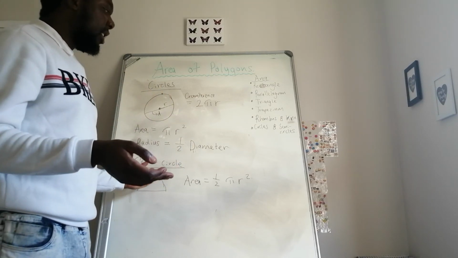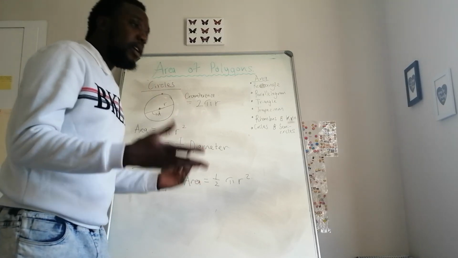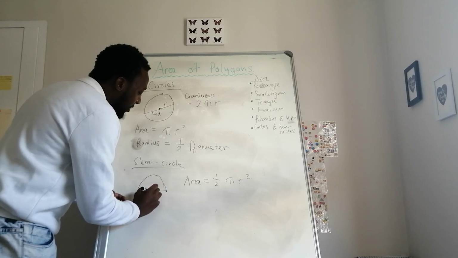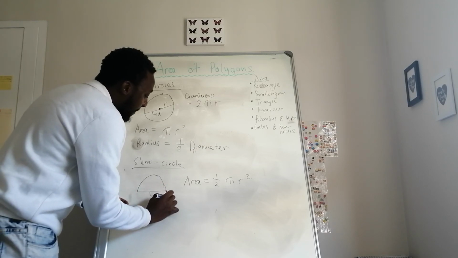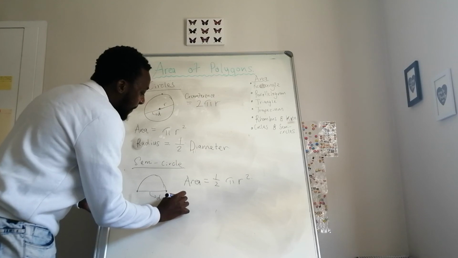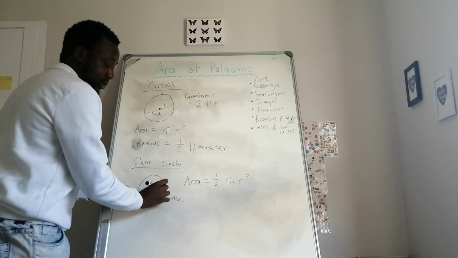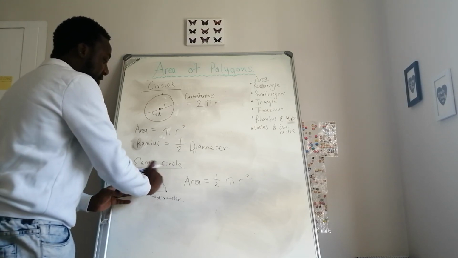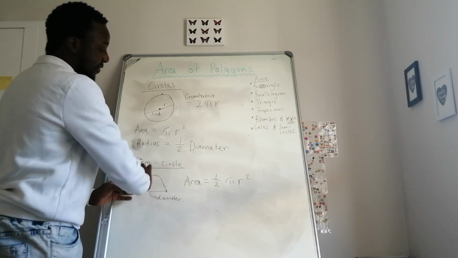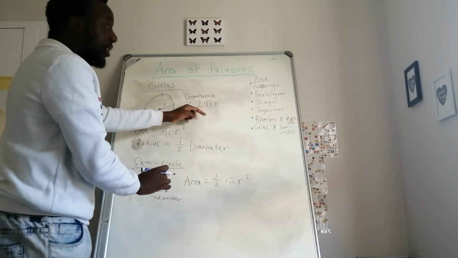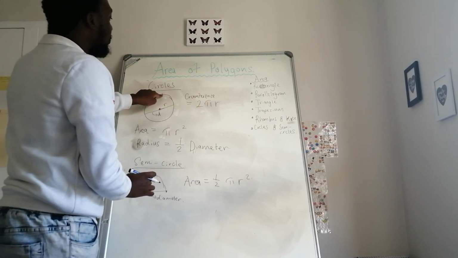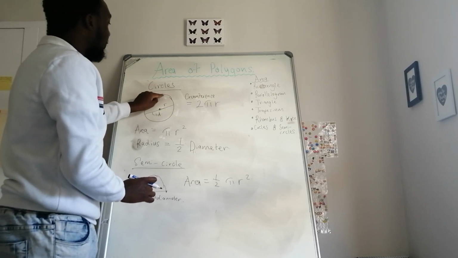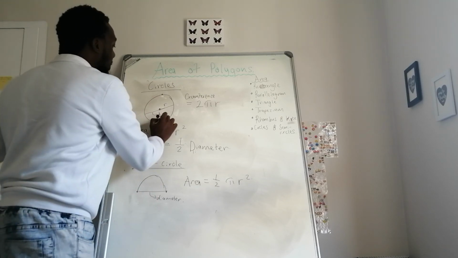You won't be asked to calculate the perimeter of this, but if you ever are, then you just need to think about it. This distance from here to there, from one end to the other, is the diameter. And this curved part is just half of the circumference. Remember when we were talking about circumference, we said it's the distance from moving from there all the way around back to there. But now imagine I'm moving from there and I just stop down here.